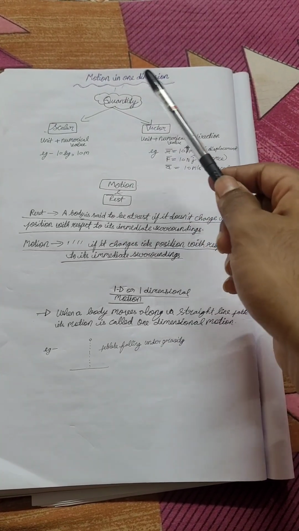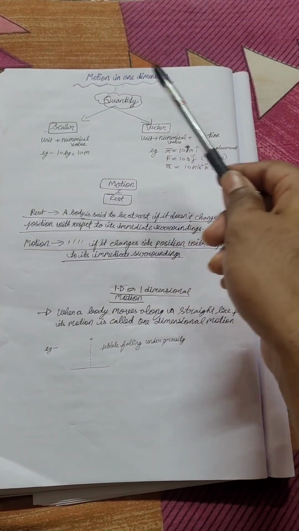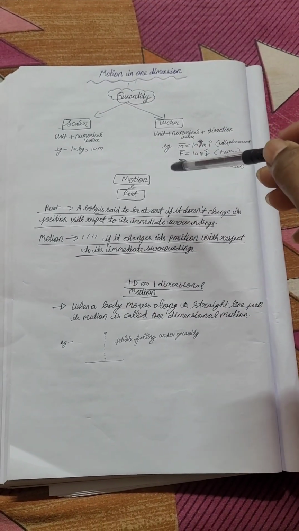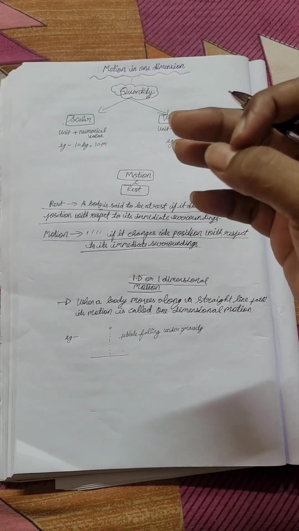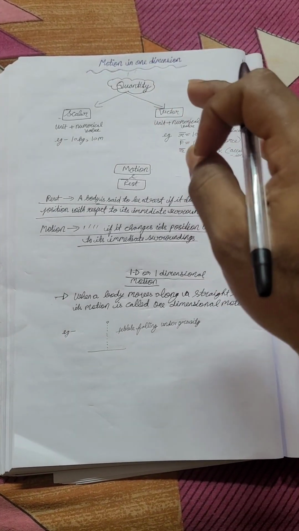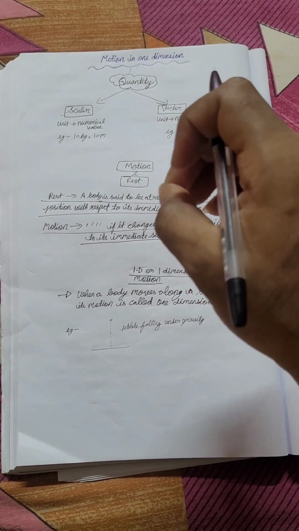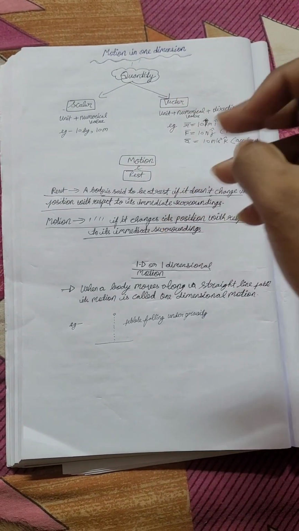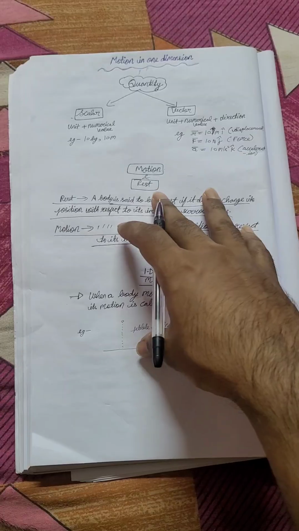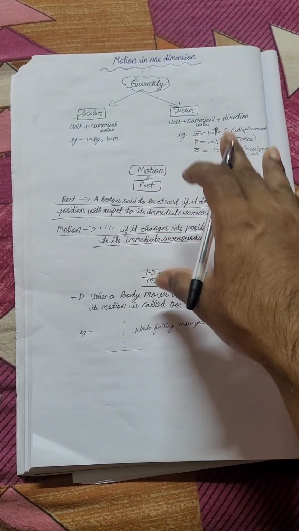So this chapter is motion in one dimension. This chapter comprises mainly of one dimensional motion and the equations of motion. Before we start, we have to introduce scalar and vector quantities.